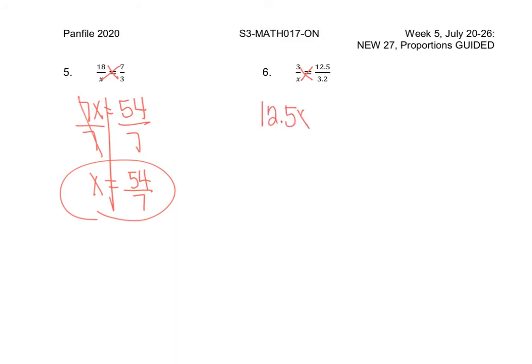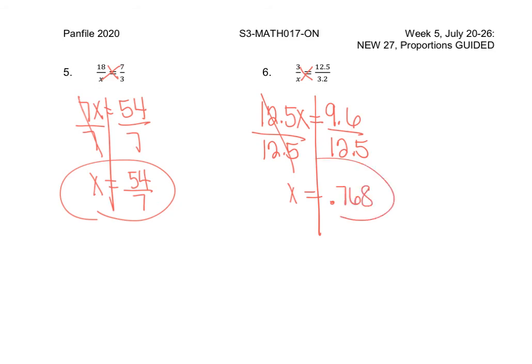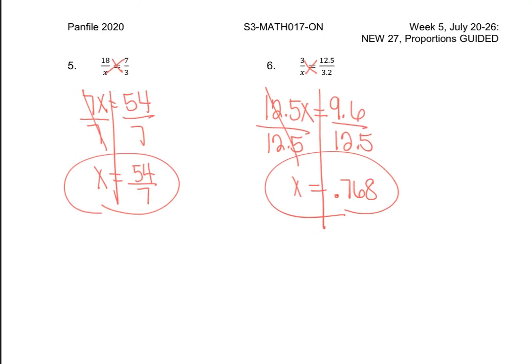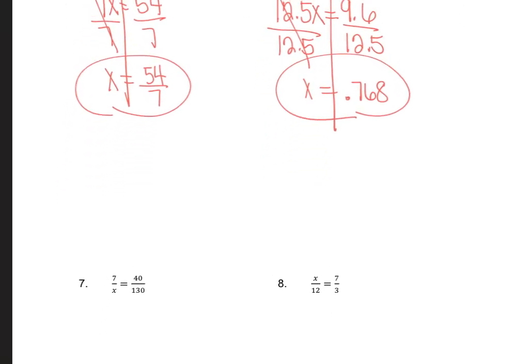So 12.5x equals 3.2 times 3 is 9.6. We're going to divide both sides by 12.5. And we are going to get 0.768. Now they didn't tell us how to round, so we're just going to leave it like that, because it's only 3 spots and we're not going to bother rounding for that.